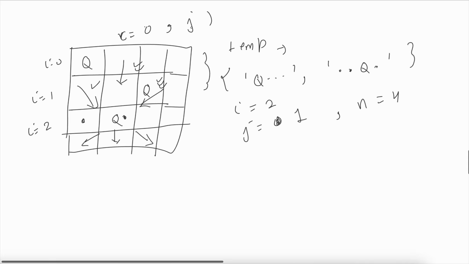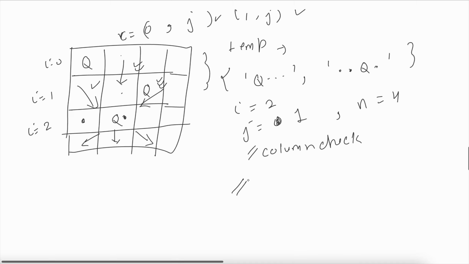First I will check at 0 comma j. Do we have q in here? No, we don't have q in here. Okay, then I will increase my c: 1 comma j. Do we have q in here? No, we don't. Then this condition also passes, so the column check is passed. So first we need to do the column check.